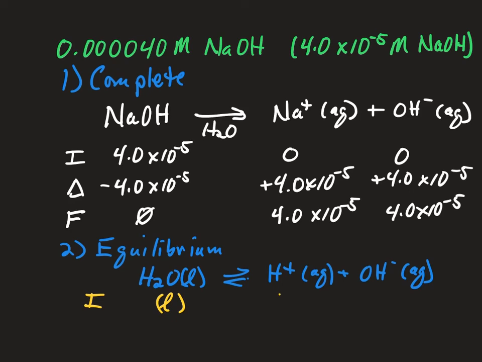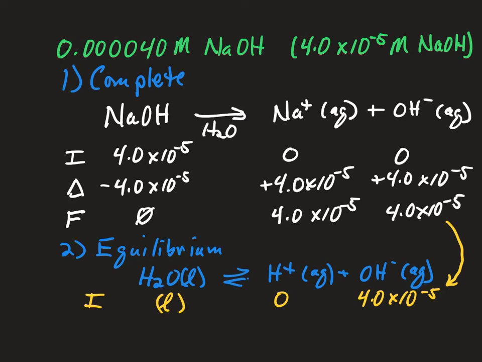No hydrogen ions have been produced, but we have the 4.0 times 10 to the minus 5 moles per liter of hydroxide ions that we produced from our complete process.